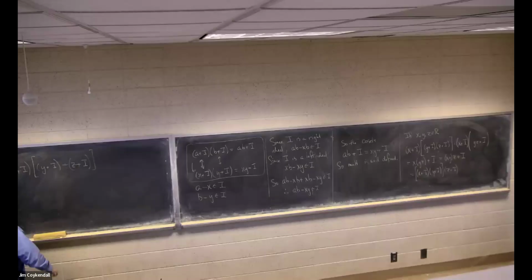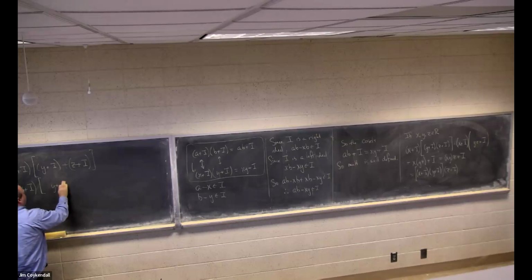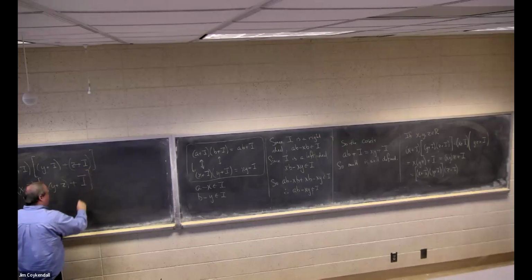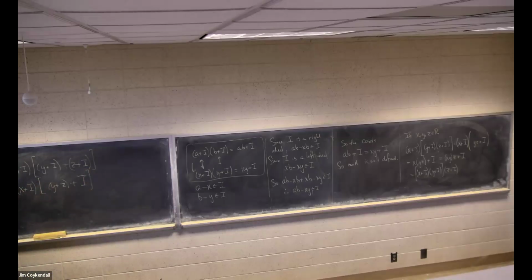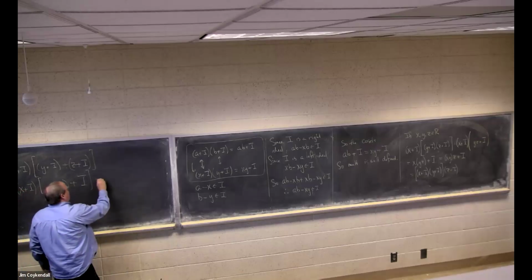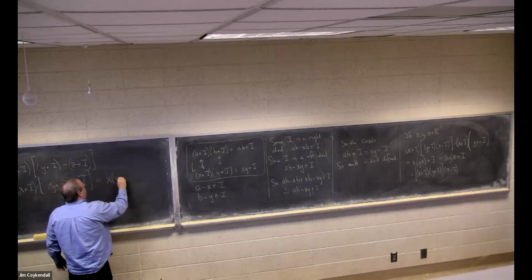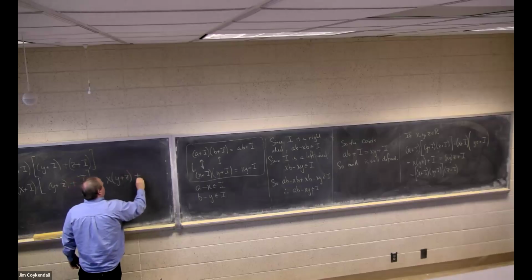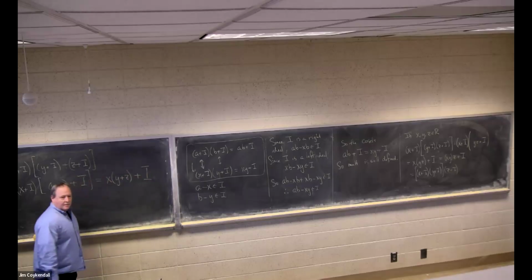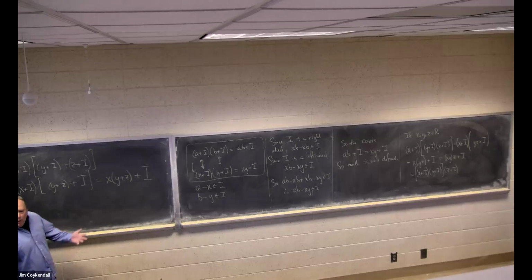By definition, this is x plus I times y plus z plus I. Right? And by definition, I make this new animal by doing this. And what do I know?